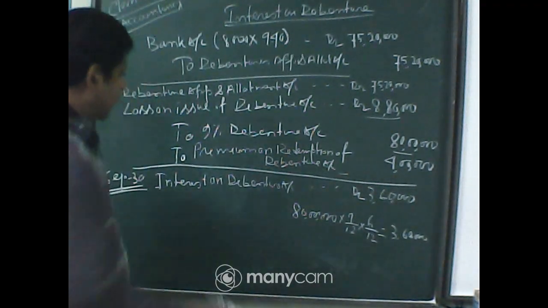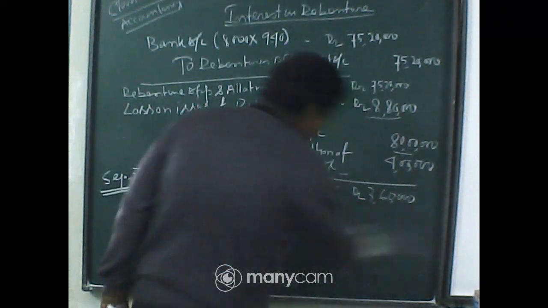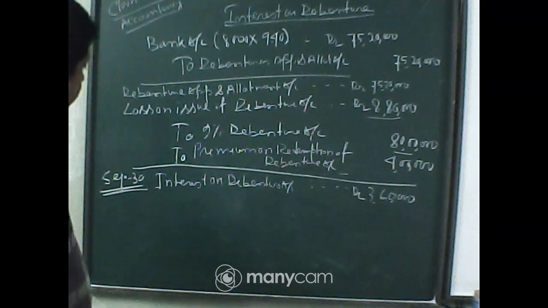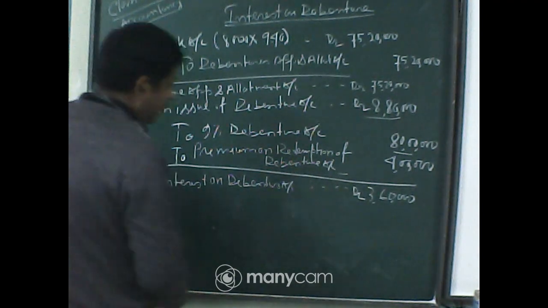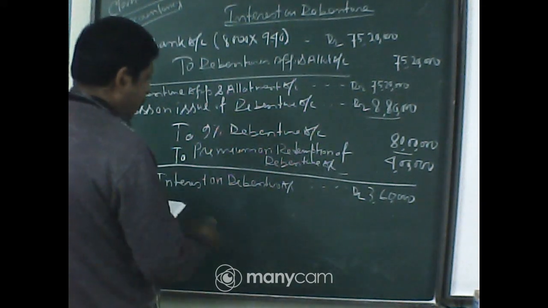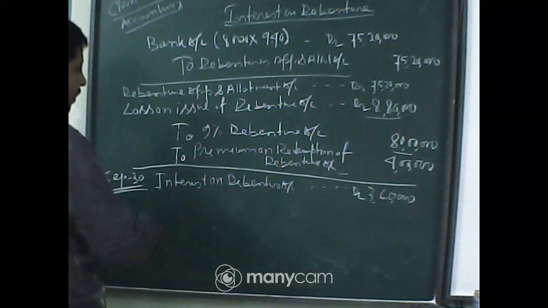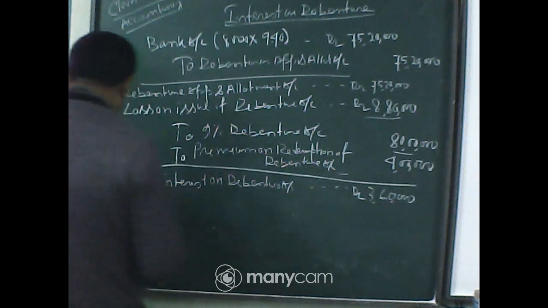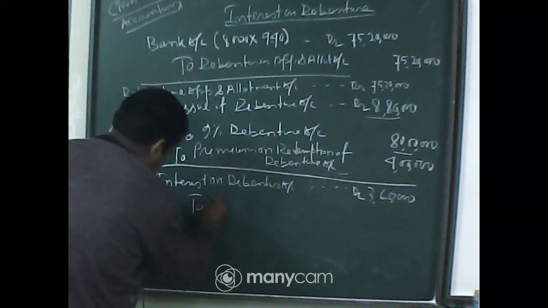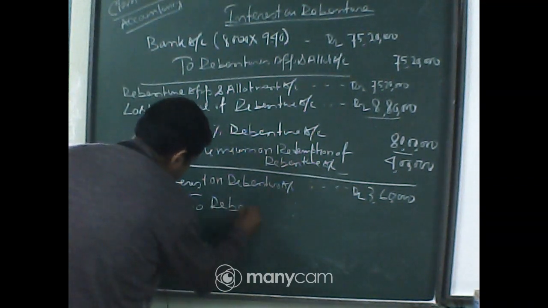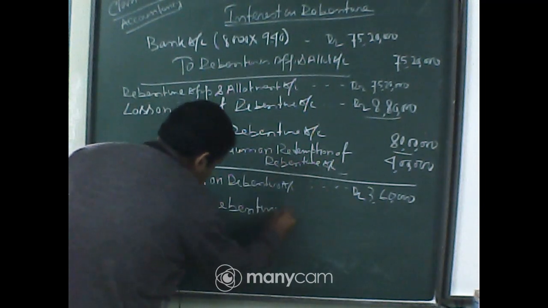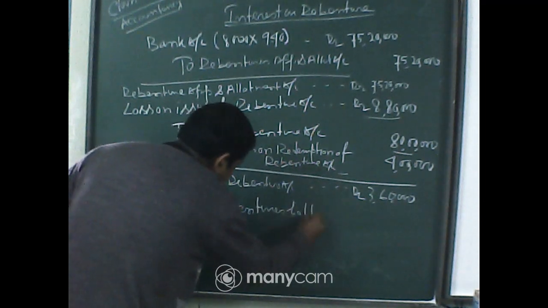Now what will be credited? Debenture holder. We are just making due to debenture holder. We are not paying the debenture holder yet, we first make the amount due and then we will pay. So the debenture holders account, they are the liability.